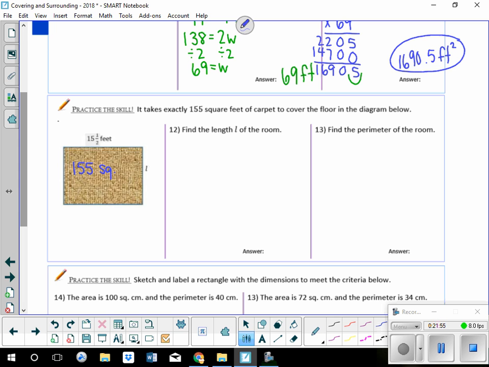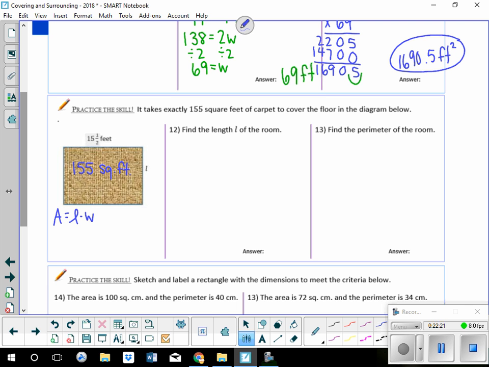So if I know, guys, that the area is equal to the length times the width, and I have the area, what fact family operation can I use to find the length? You guys are taking such good notes, by the way. What fact family can I use? Michaela, what do you think? Division. Okay, what do you think it's going to be?